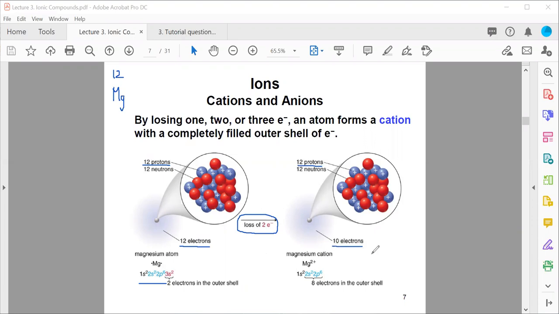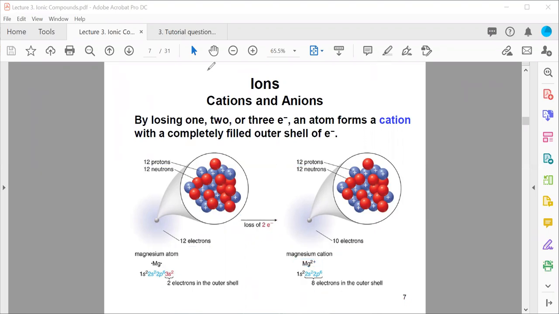So because 2 protons are no longer balanced with negative electrons, the magnesium picks up a 2+ charge to form the magnesium cation. Let's look at the resulting electron configuration. And you can see once again, the new valence shell is shell number 2, and there are 8 electrons, a lot more stable for magnesium.